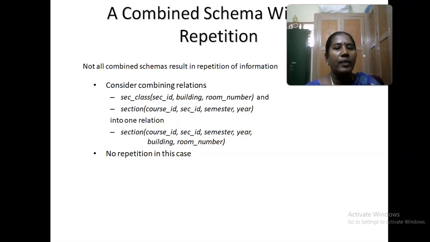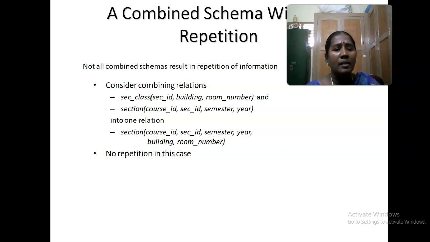Then we can try to find how to solve that kind of issue: combine the schemas without repetitions. So we can consider combined schemas where the result has no repetition of information. Consider two schemas. One is called classroom, another is called section. The classroom schema contains building and room number.